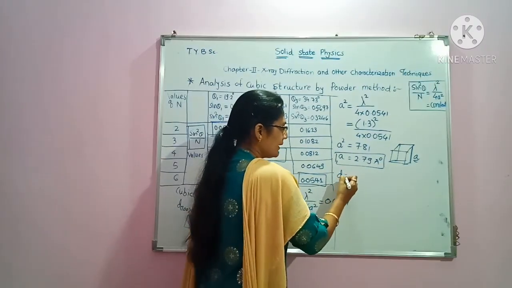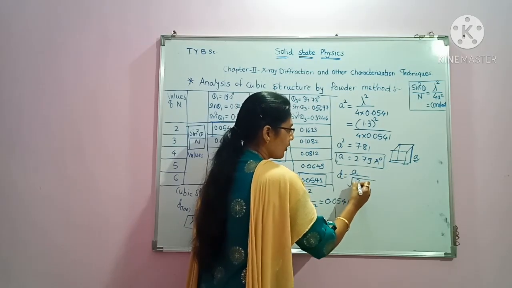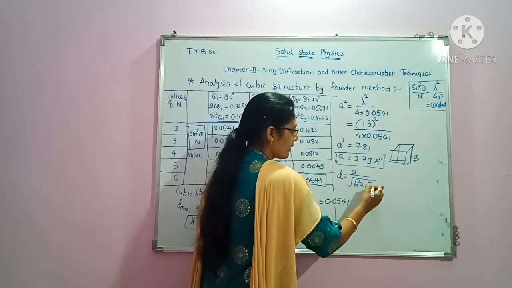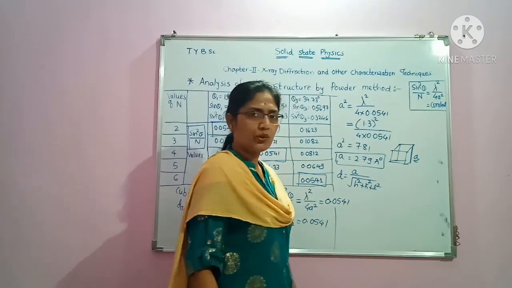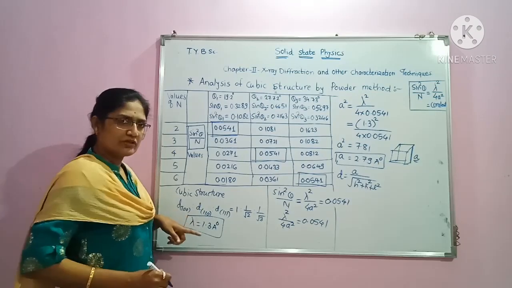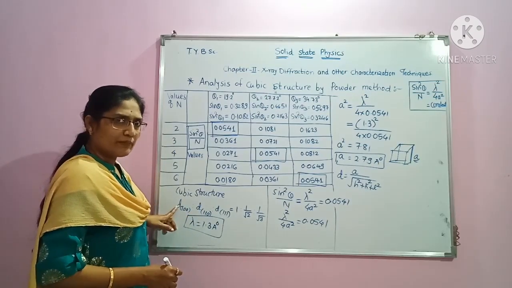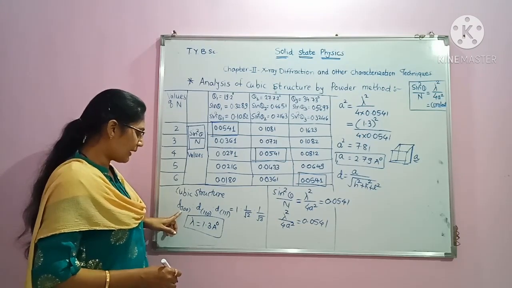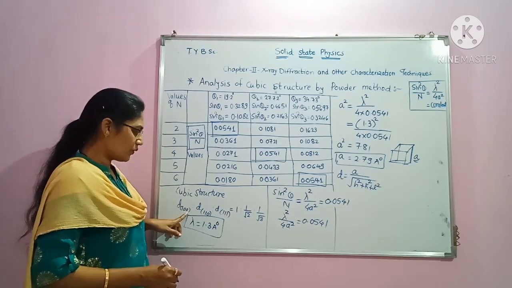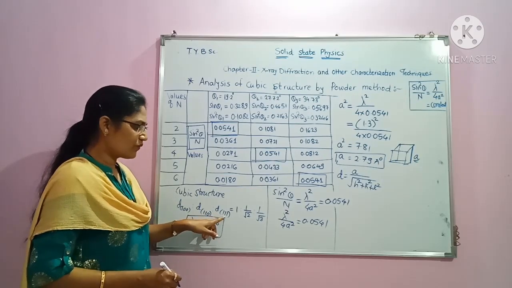We know that interplanar distance is given by A upon square root of h square plus k square plus l square. Now we have seen that in case of cubic structure, the D, that is interplanar distance, for the set of parallel planes 1 0 0 is to D 1 1 0 and D 1 1 1.